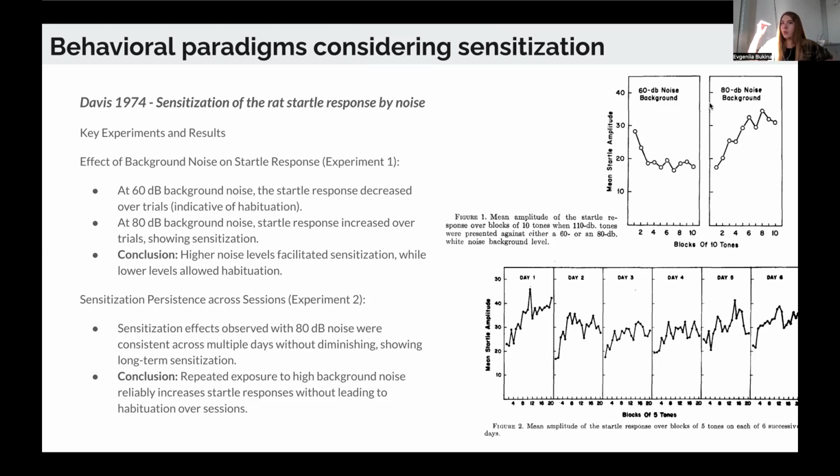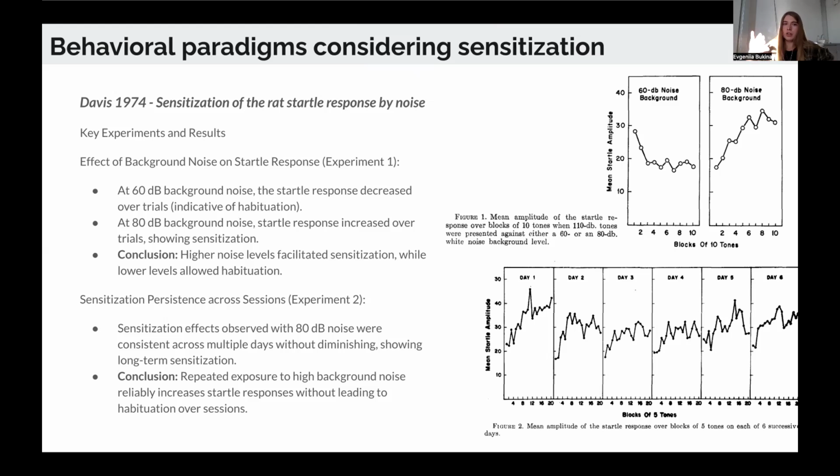This level of noise is quite stressful for rodents, and you can see that over time, instead of habituation, sensitization happens. Rodents start to overreact, and they show these effects consistently over several days. So this sensitization that happens because of the high level background noise persists over days.